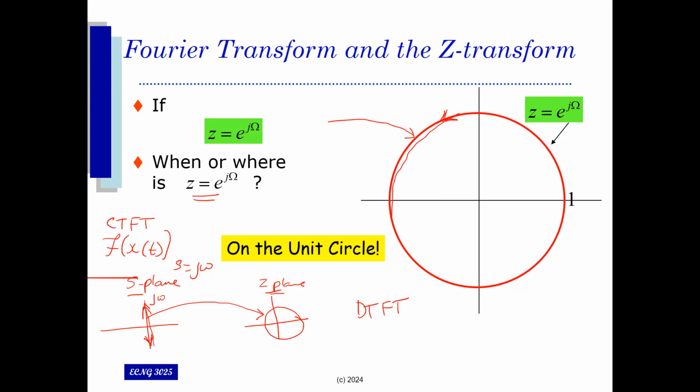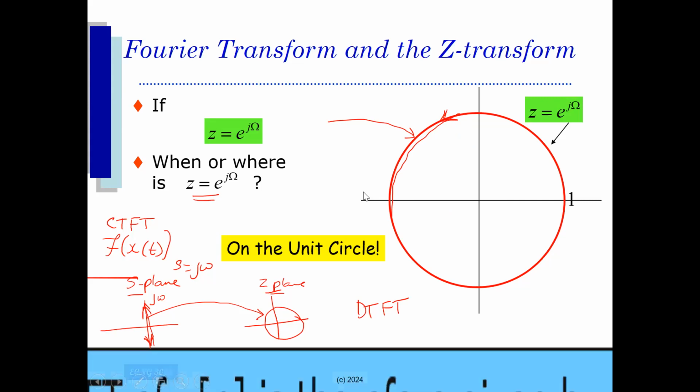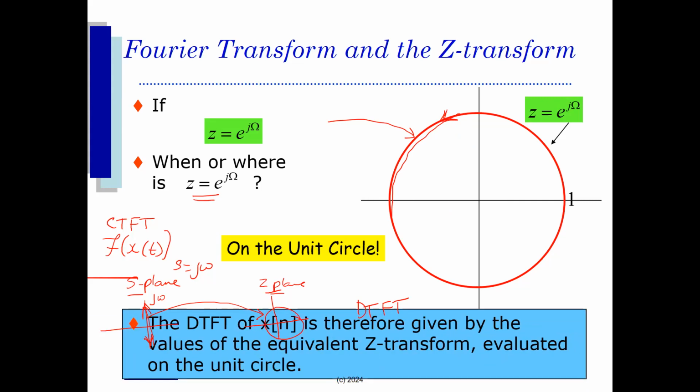Just like with the Laplace transform, going up and down the S-plane gave you the continuous time Fourier transform, going around the unit circle in the Z transform gives you the DTFT. All right? So the DTFT is therefore the equivalent of the Z transform evaluated on the unit circle.